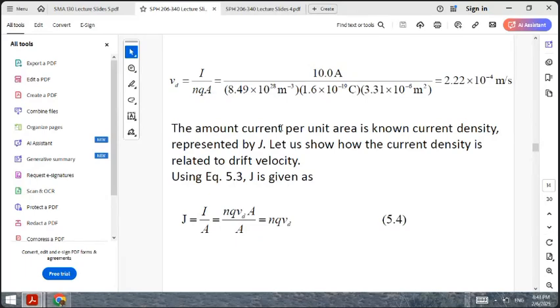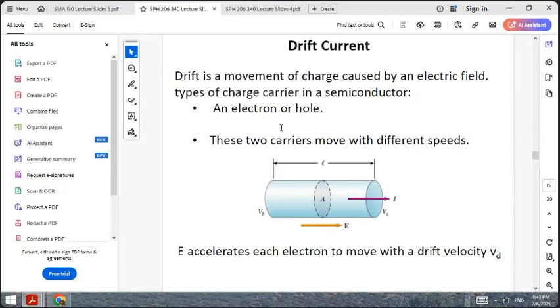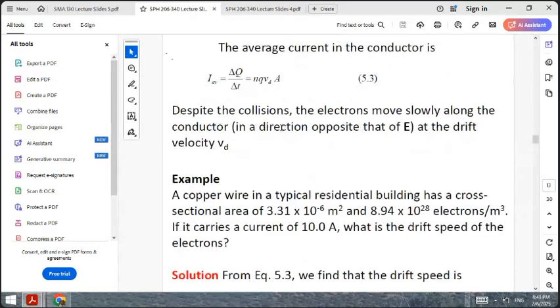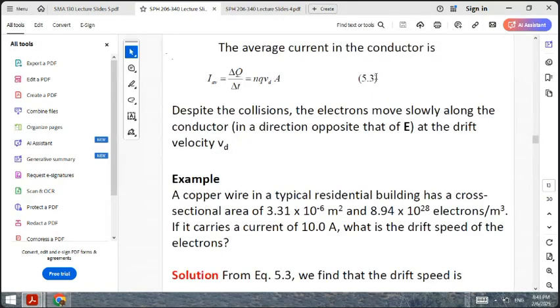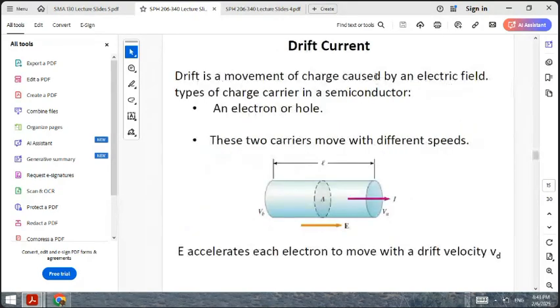And of course, if we go back to equation 5.3 and divide this equation by A to get current density, I'll remain with NQV. NQV. So I don't know whether you can still agree with me.